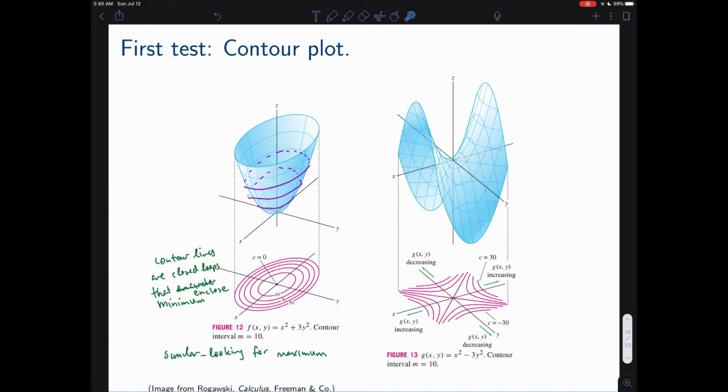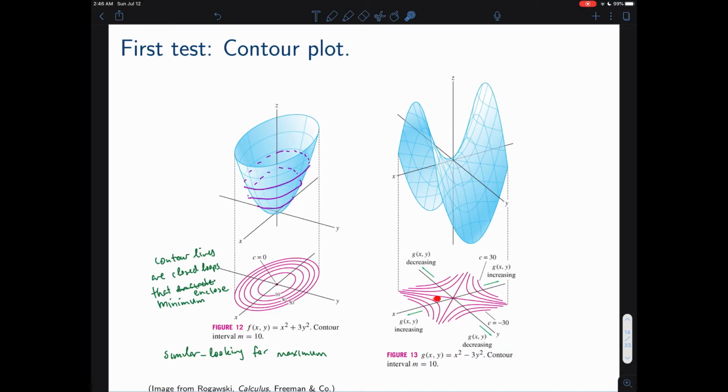Okay, now let's switch over to the other one, which is a critical point that isn't a maximum or a minimum, a saddle point. Now, it looks more complicated, right? And you can see what happens on the contour plot. You can see that there's two directions where the function is decreasing, and that means that you go into contour lines with lower numbers, and there's two directions towards the mountains where the function is increasing, and you get into contour lines with higher numbers.